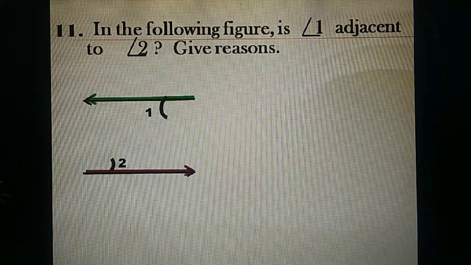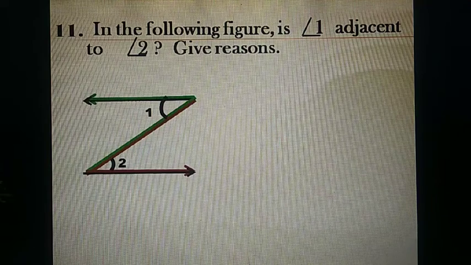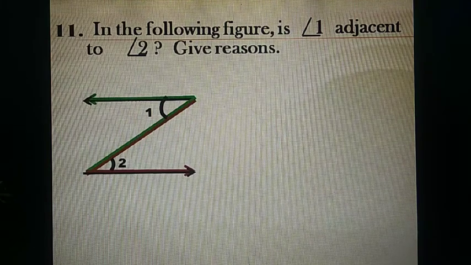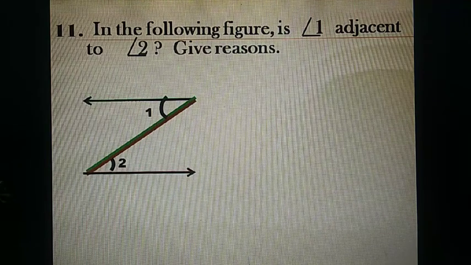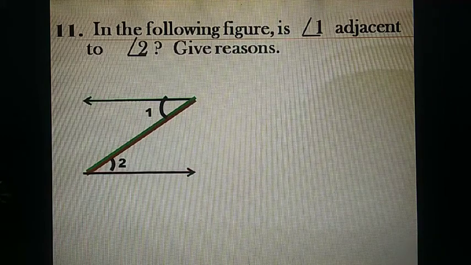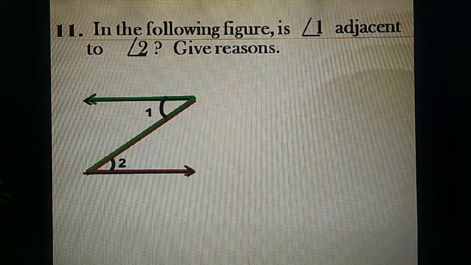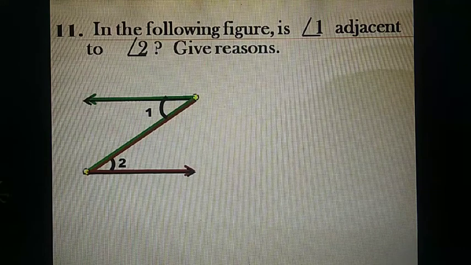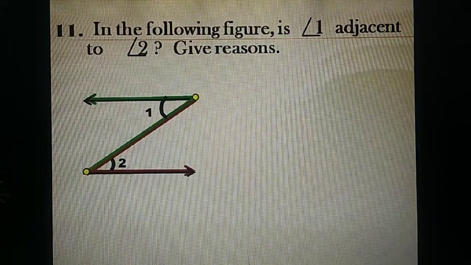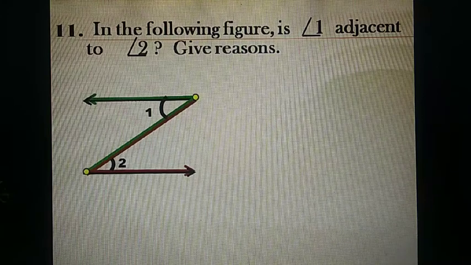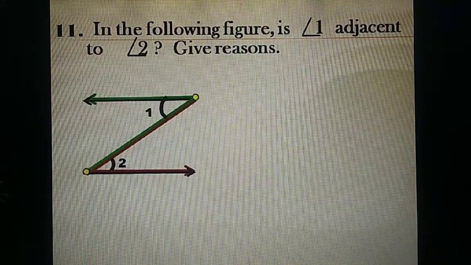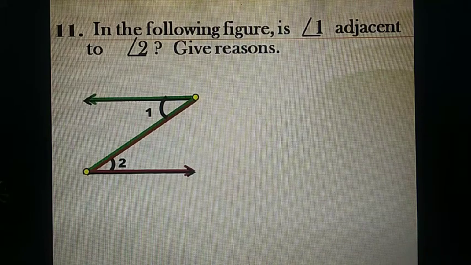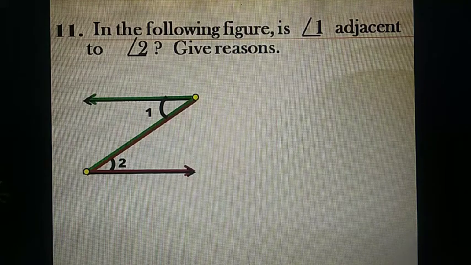Yes, there is a common arm as this particular arm has both the colors. Yes, the non-common arms are on either side of the common arm. But what about the common vertex? As you can see, here the vertices are not the same. They both are starting from different vertices. So they are not adjacent.